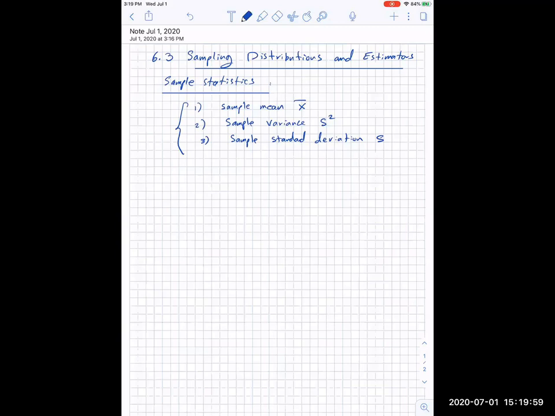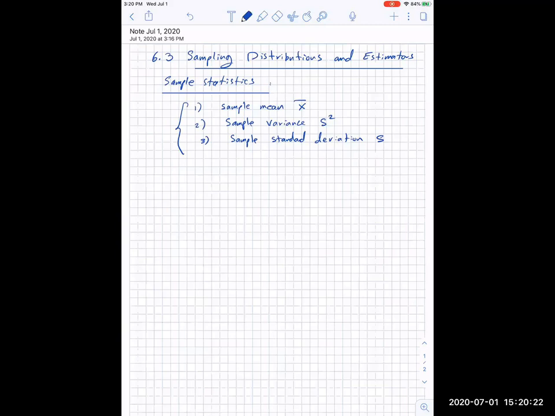So these sample statistics are very important, and today we're going to discuss the distributions of these samples, distribution of sample.